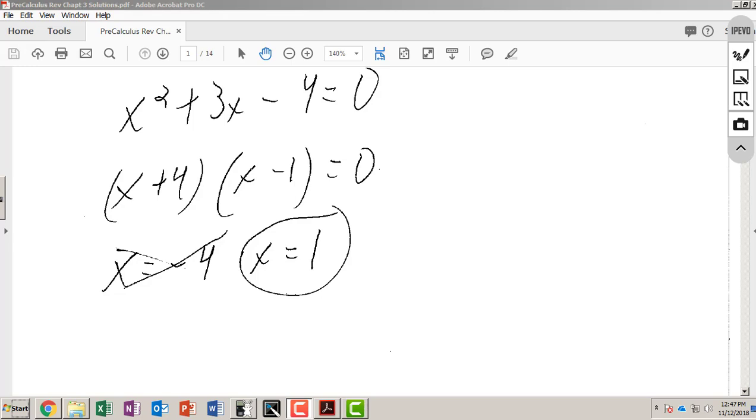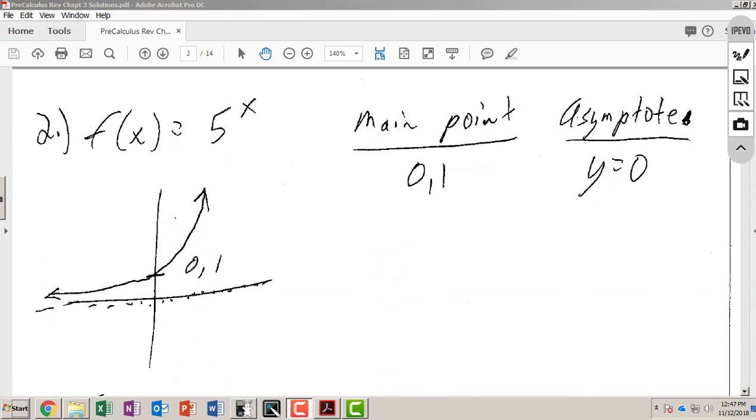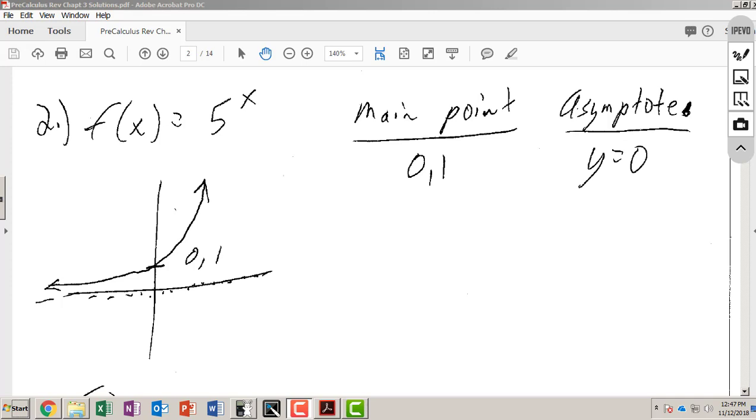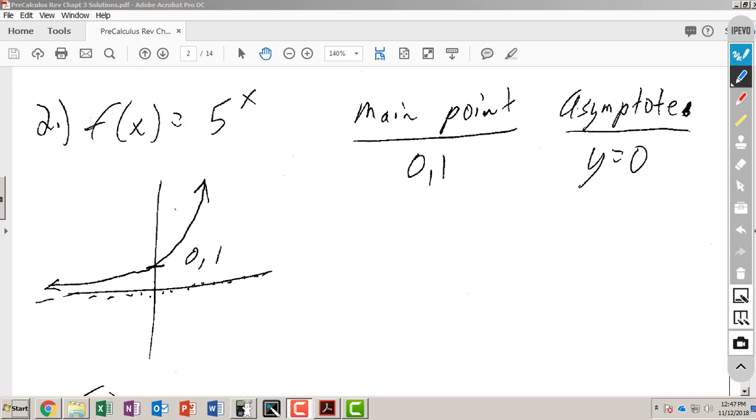On this next problem, you just want to be able to identify this graph. And it says we've got f of x equals 5 to the x. So remember, with an exponential function, you have your main point at 0, 1. And so my first step is to put my dot at 0, 1. And then remember, it has that asymptote that is going to be 1 below the main point.